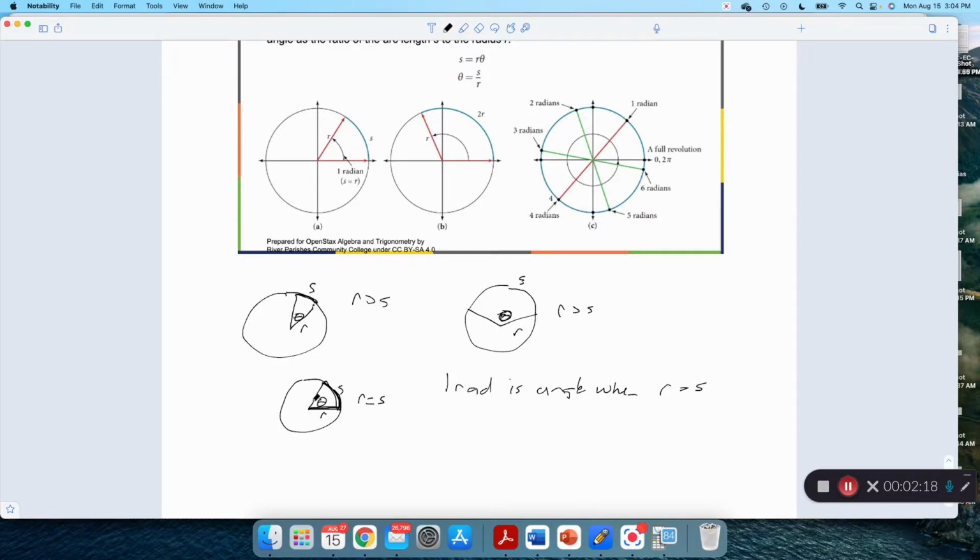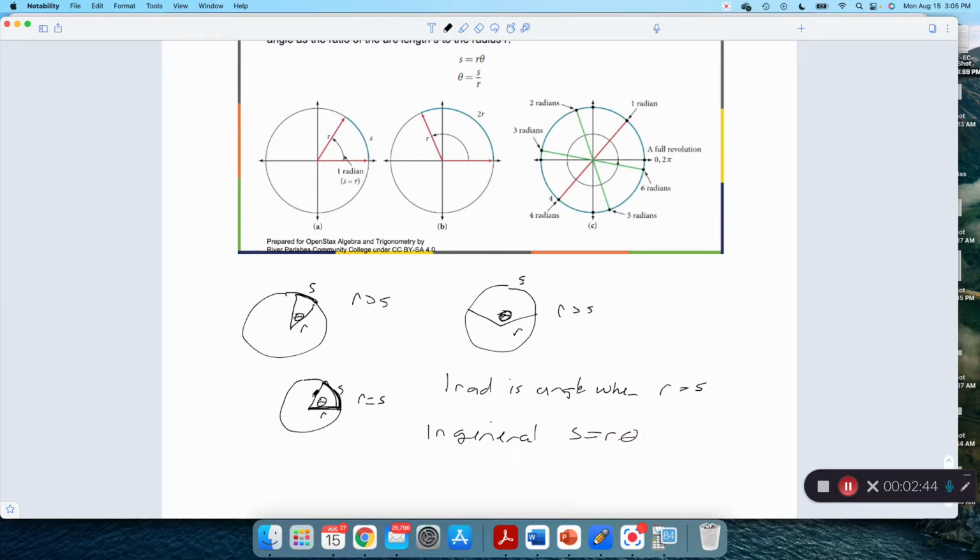So in general, if I were to double my theta, I would double my arc length. If I go 4 times the angle, I would get 4 times the arc length. Everything is proportional here. So in general, s equals r theta.